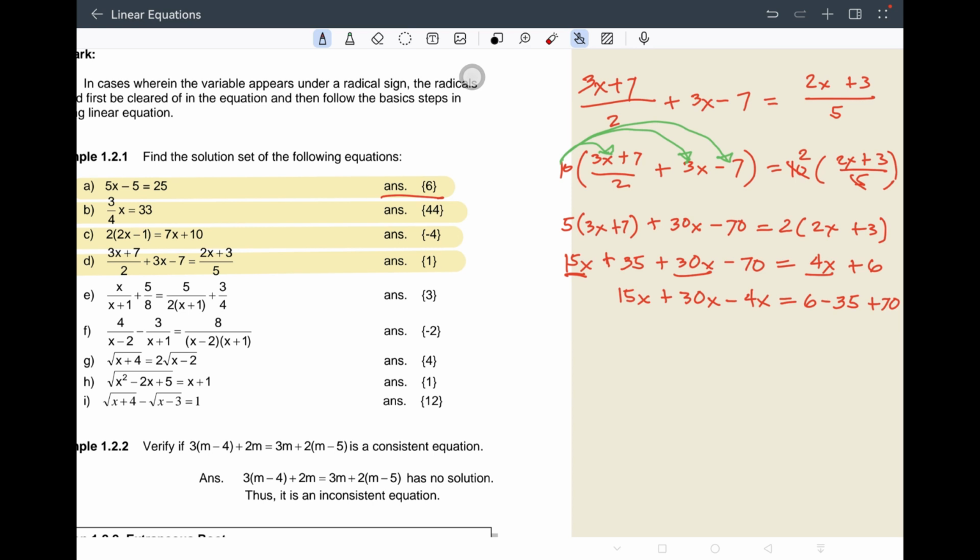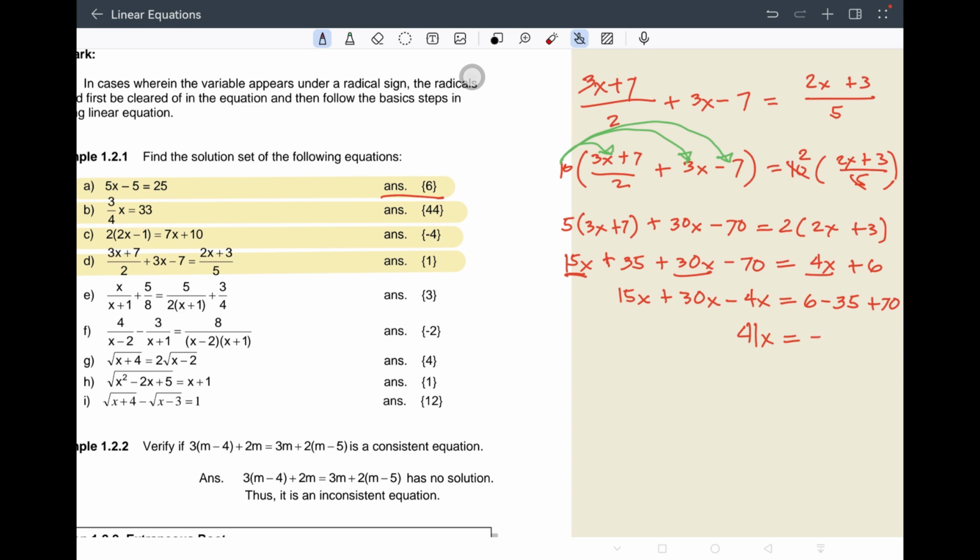15x plus 30x minus 4x is 41x is equal to 6 minus 35 is negative 29 plus 70.